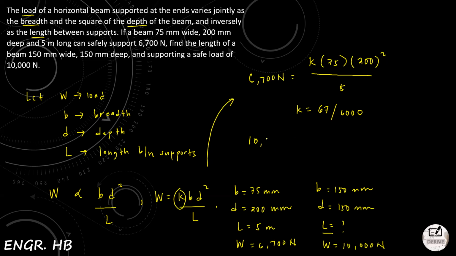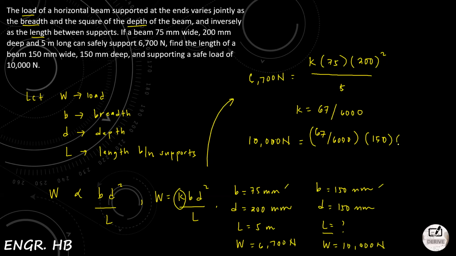So masasagutan na natin itong length na hinahanap, which is ang ating weight or safe load is 10,000 newtons is equal to 67 over 6,000 times the breadth or the width, which is 150 mm. So parehas namang mm.